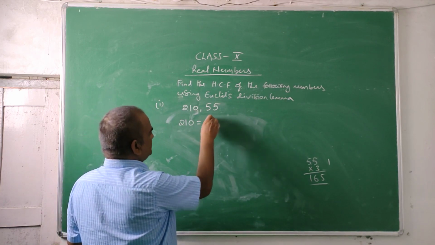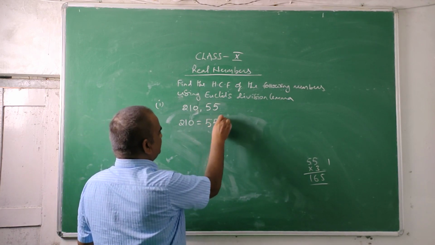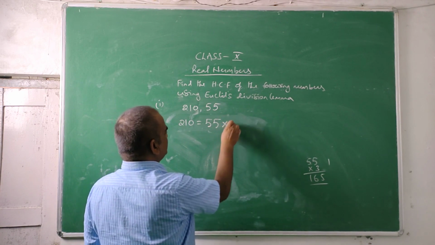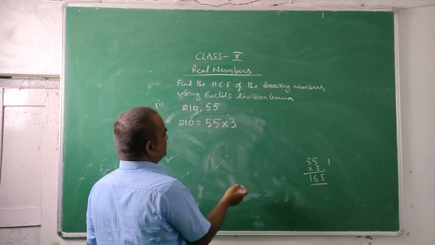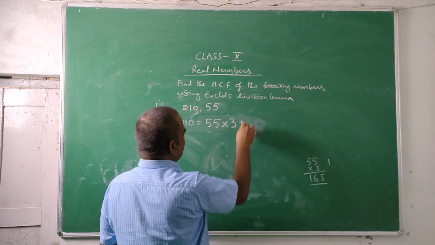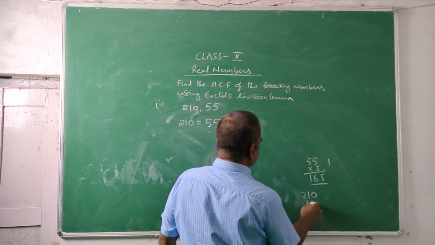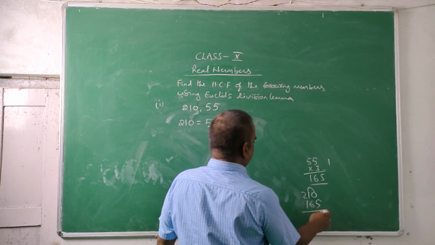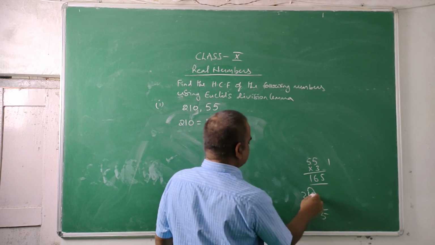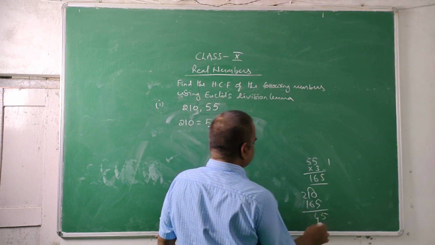210 is equal to 55 into 3, which is 165, plus, now you subtract 165 from 210. 10 minus 5, 5. 10 minus 6, 4.